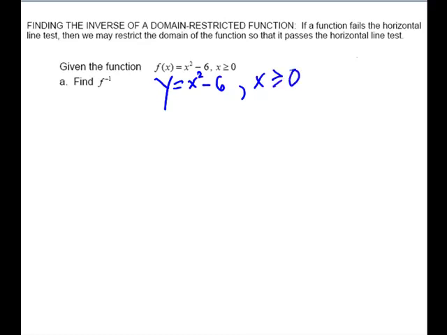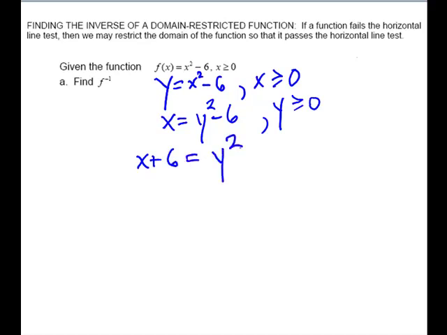Then we will switch the x's and y's. We will solve for y. So we're going to add 6. And then we'll take the square root of both sides.